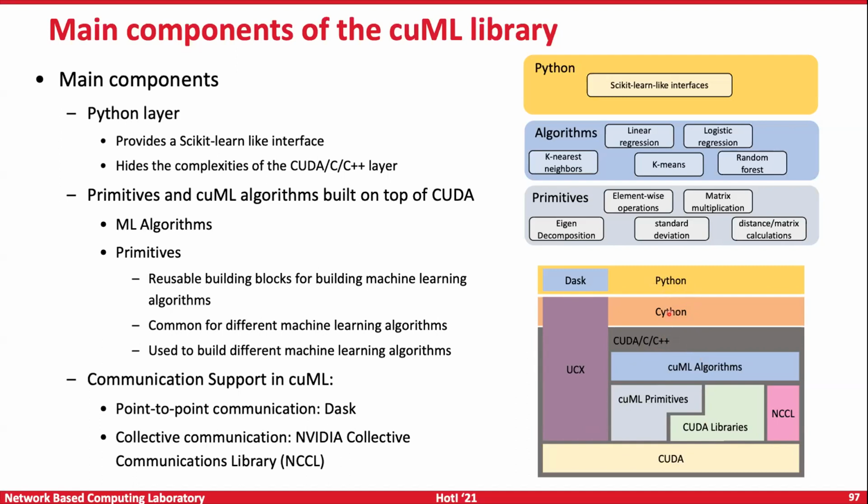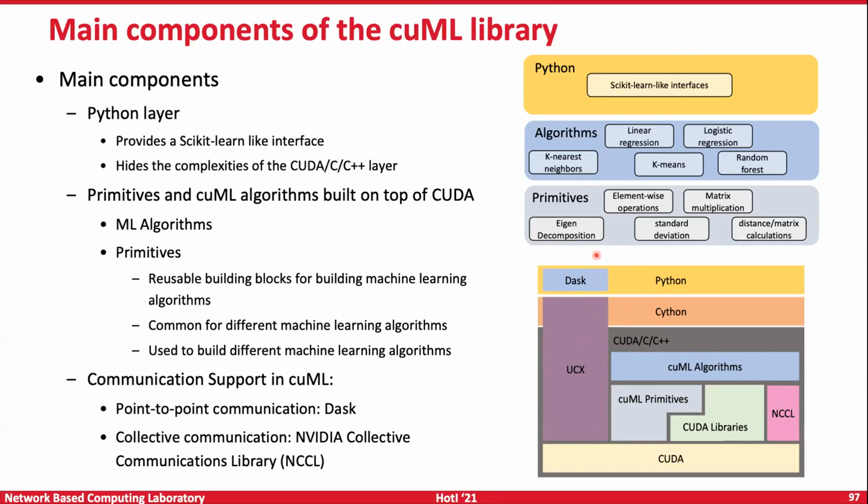So Cython allows Python programs to invoke C++ functions. And when it comes to communication, cuML uses Dask with the UCX communication device. And if it's doing collective communication, then it will rely on the NCCL communication device.